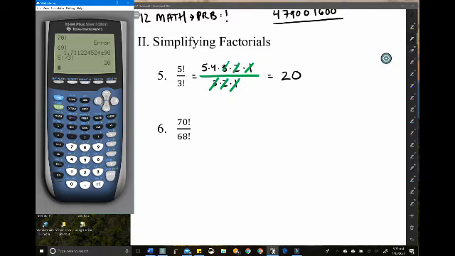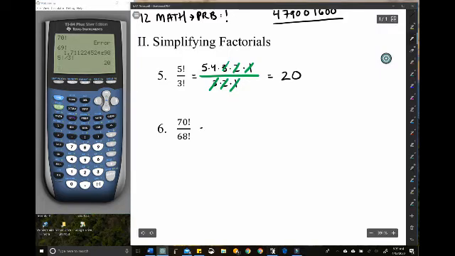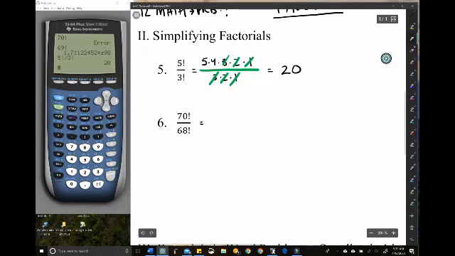We already determined 70 factorial is unsolvable, or too big. Not unsolvable, just overflow. So really, this is the same as 70 times 69 times 68 factorial.